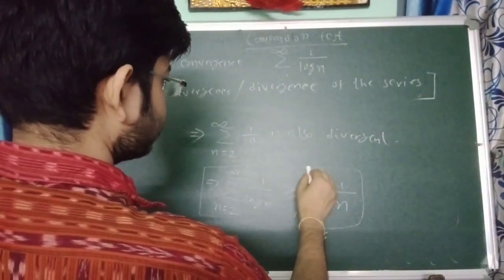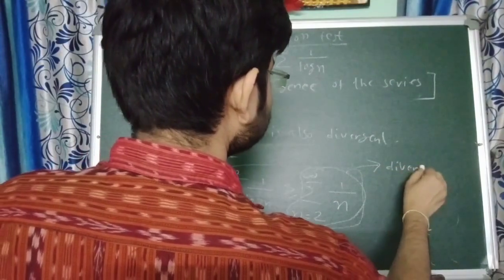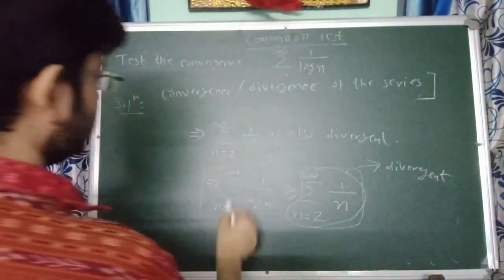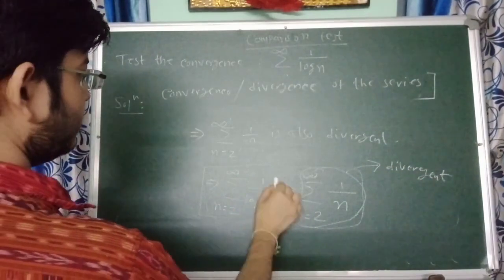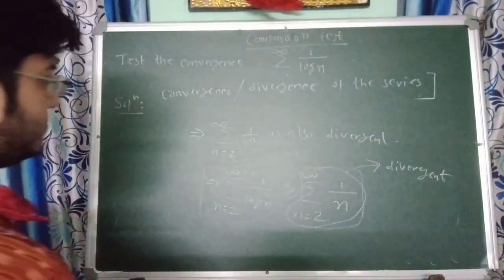Now this part is divergent, and the series here is greater than or equal to a series which is divergent.